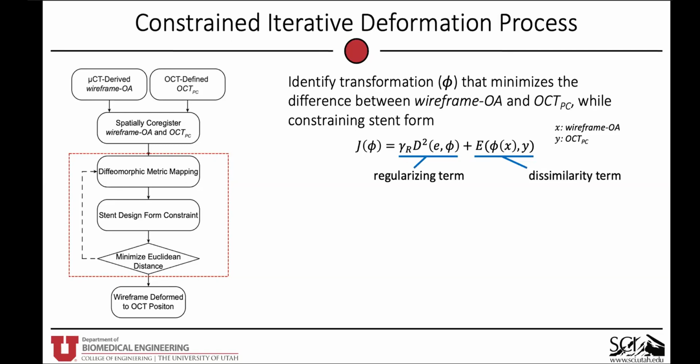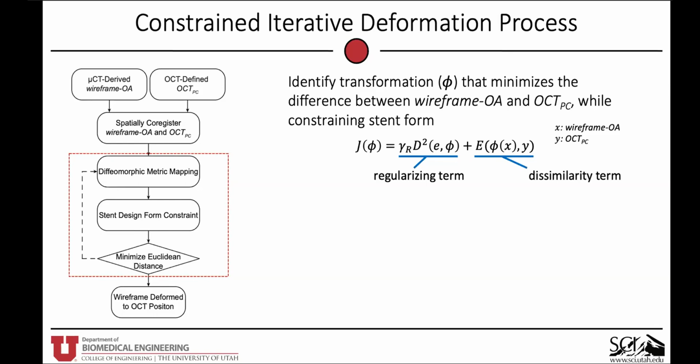The dissimilarity term is basically the distance between the 2 point clouds. And in our case, the point clouds are that OpenAir wireframe and that OCT point cloud. And then you have that regularizing term, which is basically just a function of the distance between the identity transformation, in this case E, and ultimately your transformation phi. And you'll see in the next slide a nice representation of what this equation means.